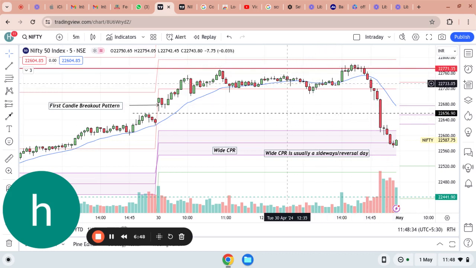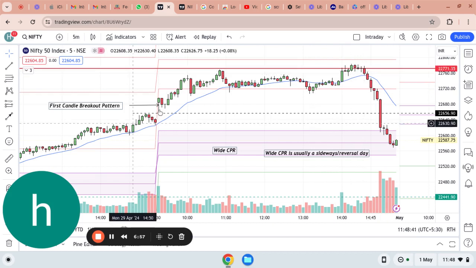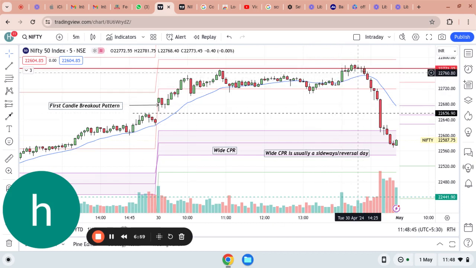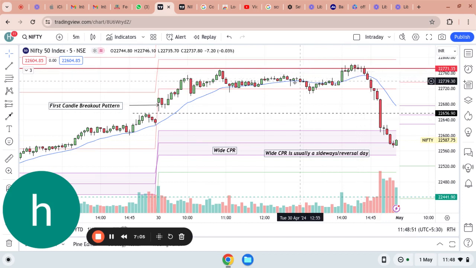Now in this case, what usually we have to do is this is called the M pattern. There are three conditions for the M pattern, and these three conditions should be met.